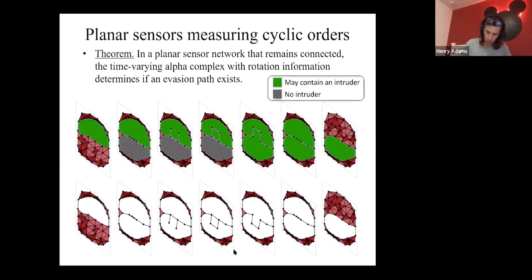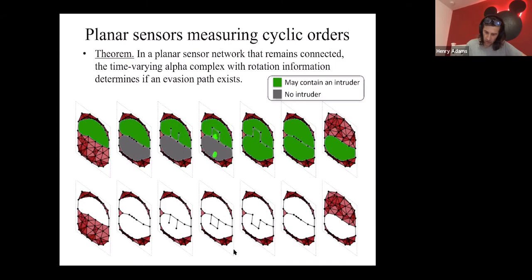And when this single boundary cycle splits into two, the two boundary cycles both get the green label, because if an intruder could have been in this boundary cycle, then it could split off into either new boundary cycle.